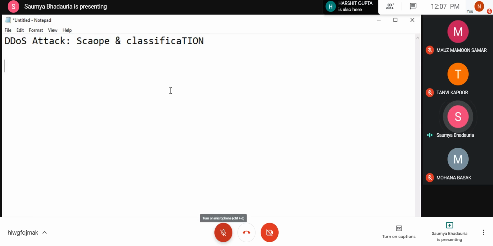What it means is that we are targeting protocols present on the application layer and using them to exploit the servers or systems in a particular network. Understood?